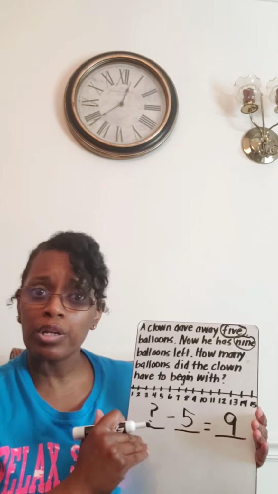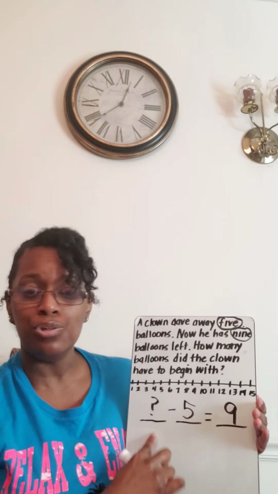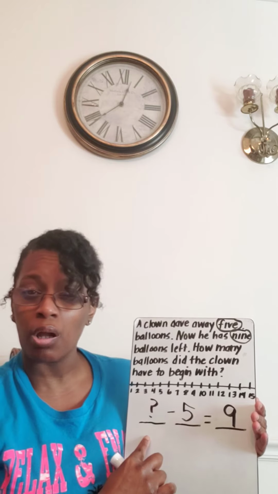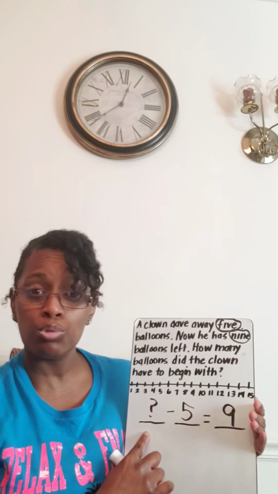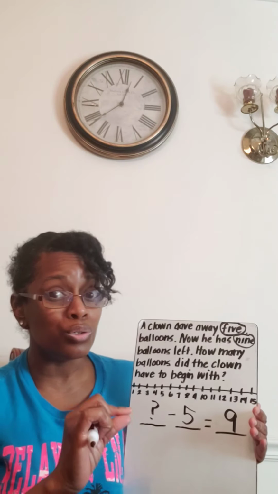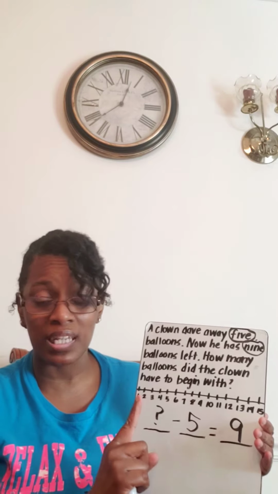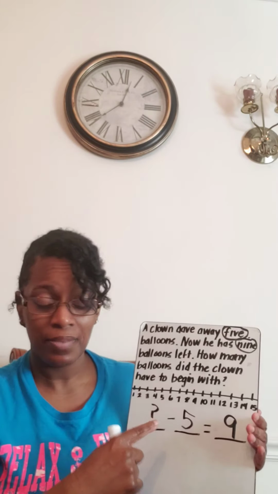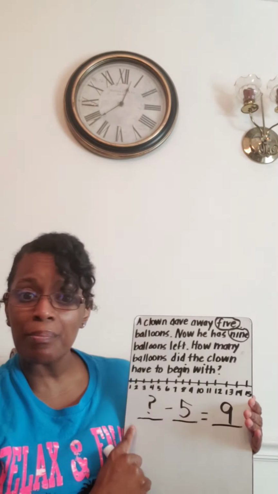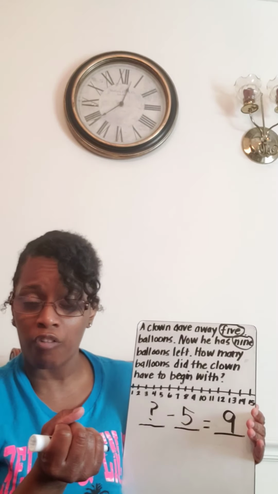So when you're working with a subtraction problem, and if you do not know what you started off with, because whatever you started off with is your biggest number, you've got to do some adding, okay? This is the tricky part to subtracting. When you don't know what the biggest number is when you're subtracting, that's what you started off with.